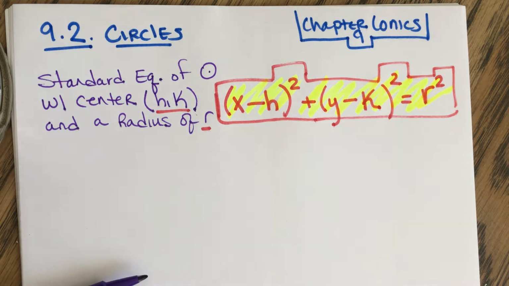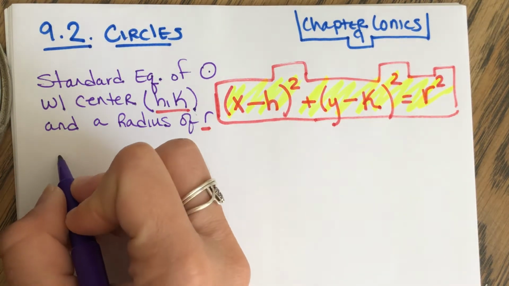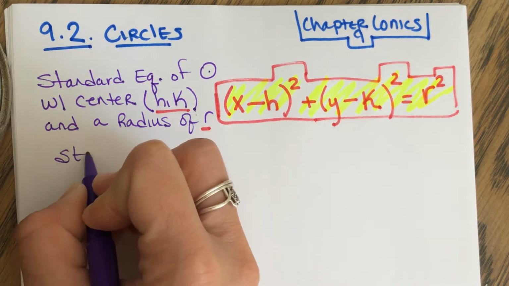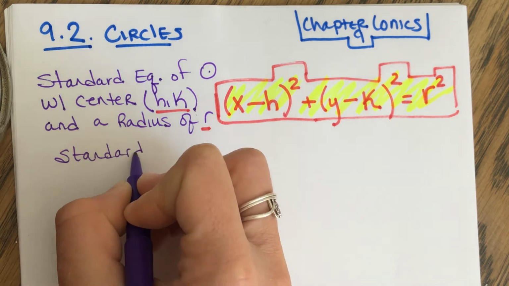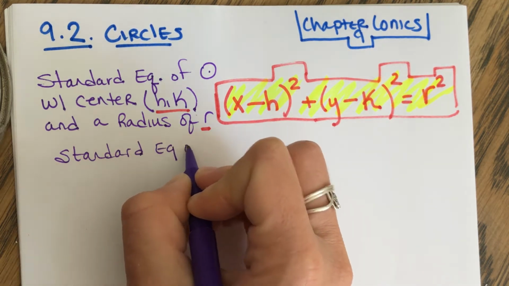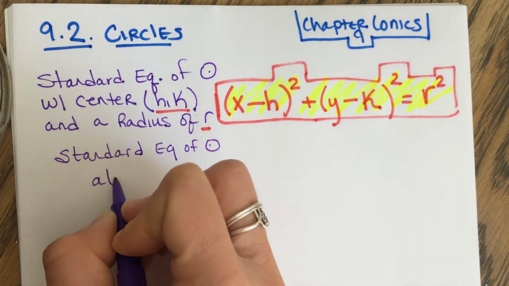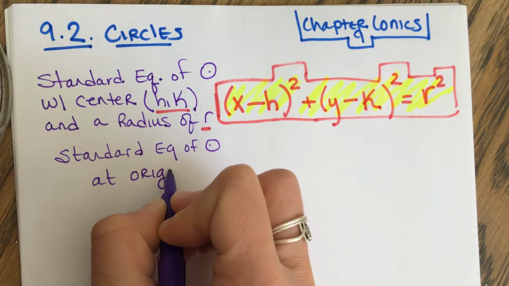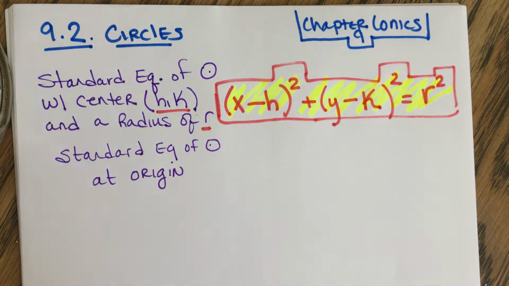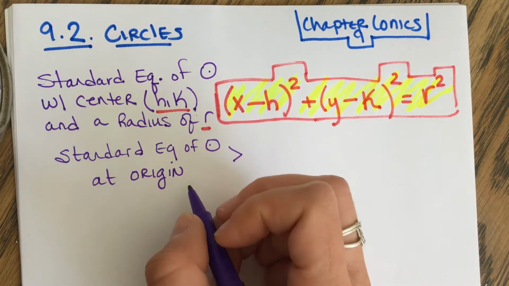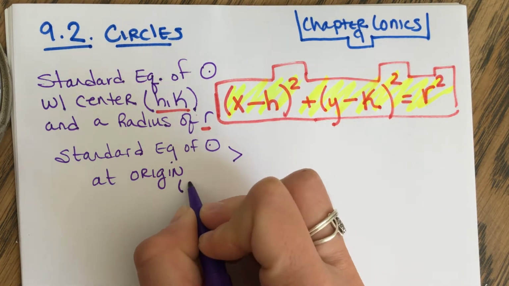Now, before we get into doing something else, just to make your life a teeny bit easier, your standard equation of a circle at the origin will always look like this. If you think about the origin, obviously it is (0, 0).